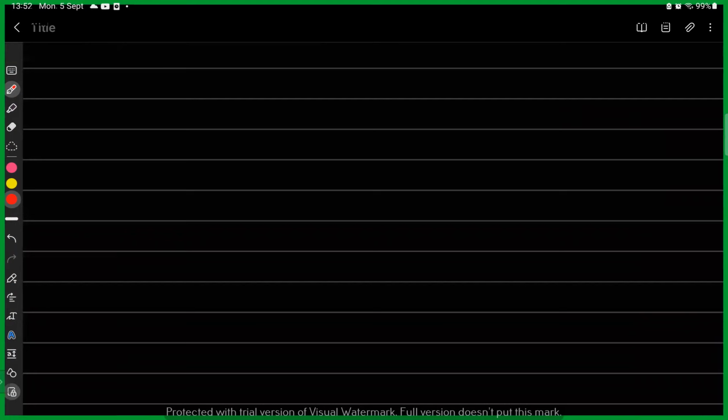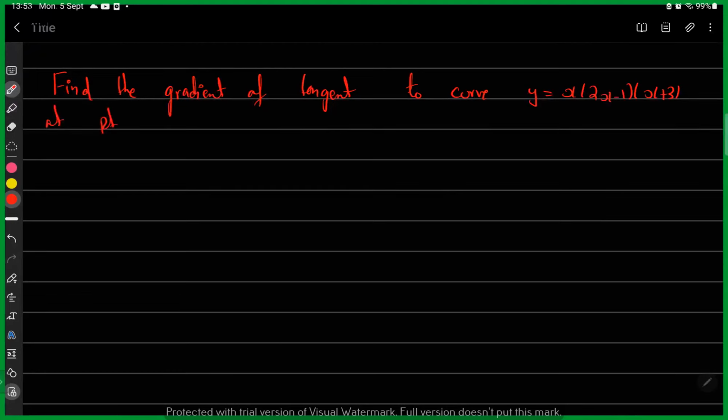And it says, find the gradient of the tangent to curve y equals x into 2x minus 1 into x plus 3 at the point 1, 4.